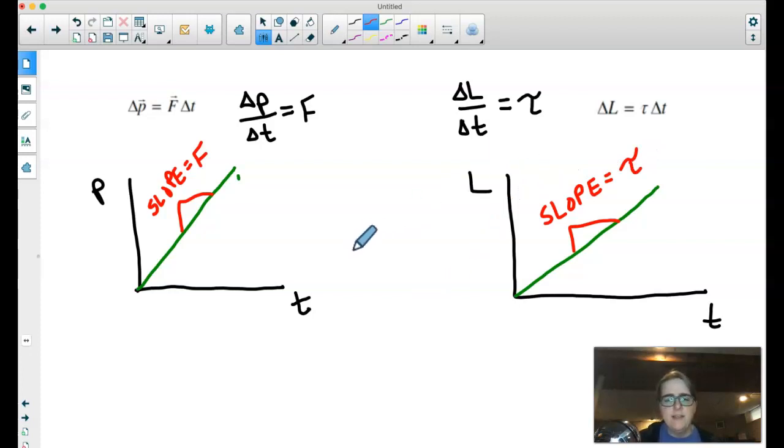So we're seeing that these graph relationships that we learned for linear momentum work in some very, very similar ways for angular momentum. And so we're going to end up being able to use this equation to solve problems in a very, very similar way to how we did with this equation for linear momentum.